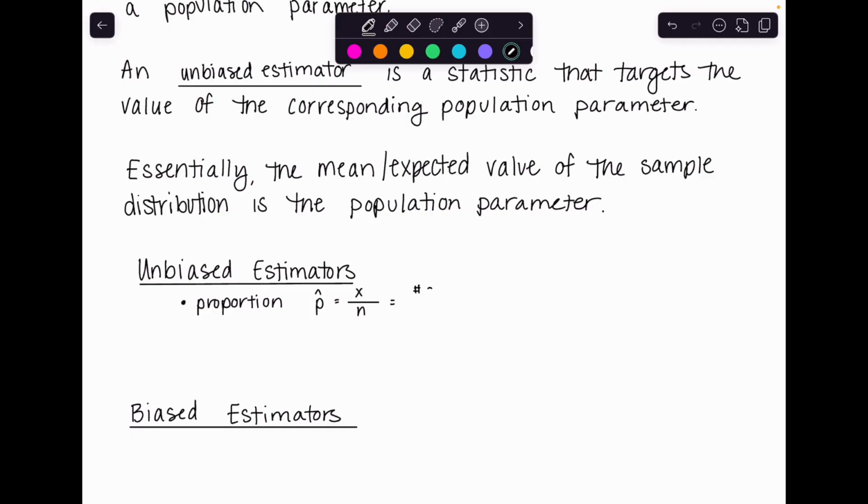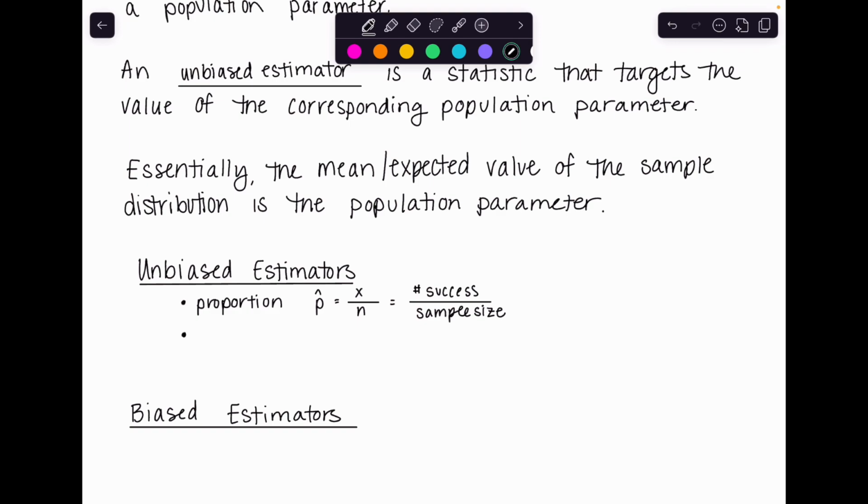So this would be the number of successes divided by the sample size. So in that last example, maybe you considered success getting an age of 4. So you would look at in your sample how many 4s there are out of the sample size, which in our case was 2, and that would be your proportion.